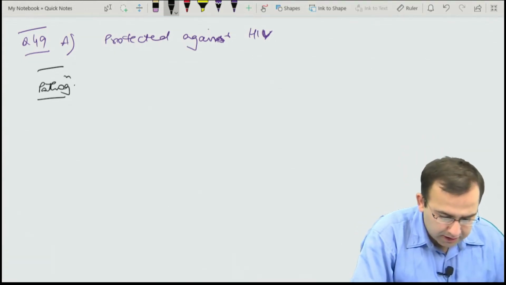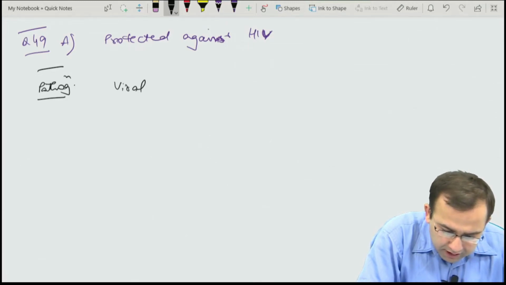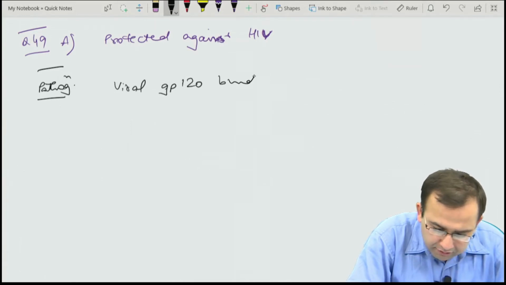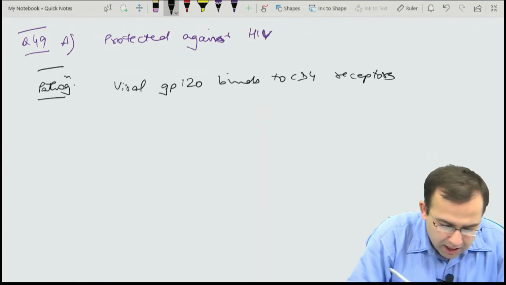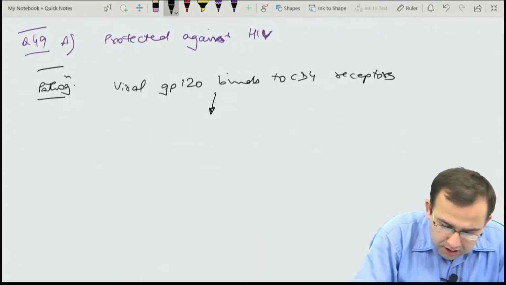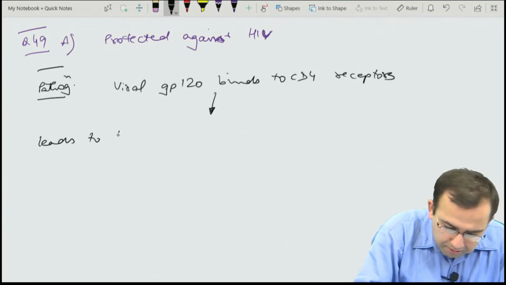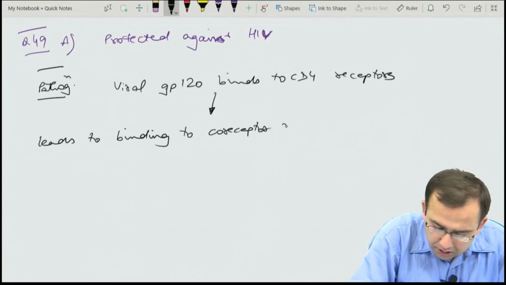Pathogenesis: viral GP120 binds to CD4 receptors, which leads to binding to co-receptor molecules.